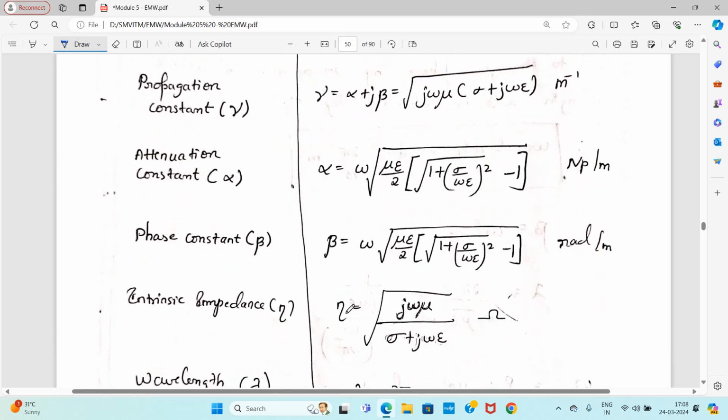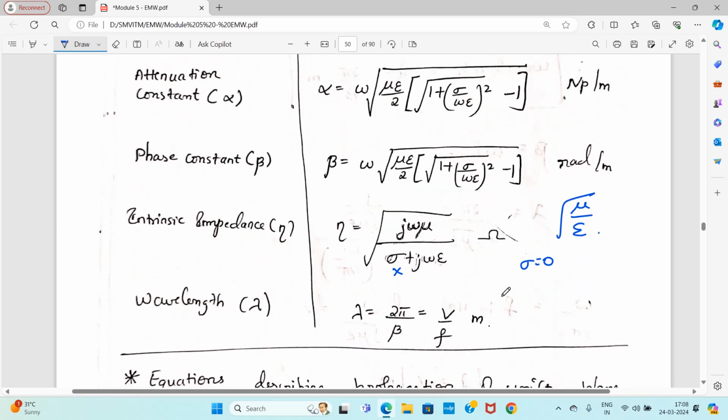Intrinsic impedance eta, which is root of j omega mu by sigma plus j omega epsilon, or root of mu by epsilon for free space. For free space, sigma is 0, so this gets cancelled. J omega gets cancelled, so you'll be having root of mu by epsilon. Unit is ohms. Last is wavelength, which is 2 pi by beta or v by f.